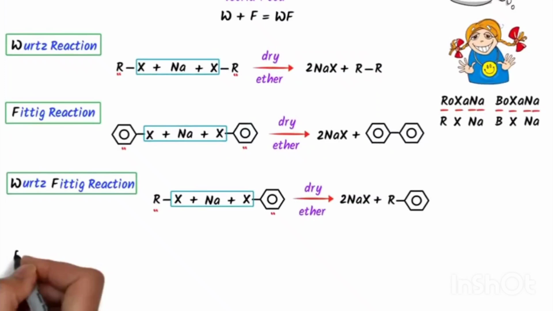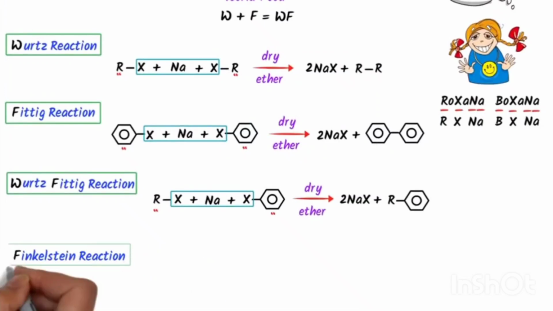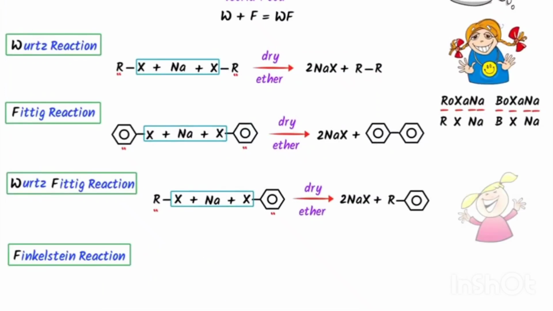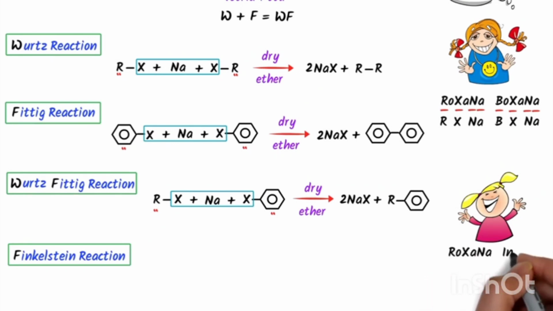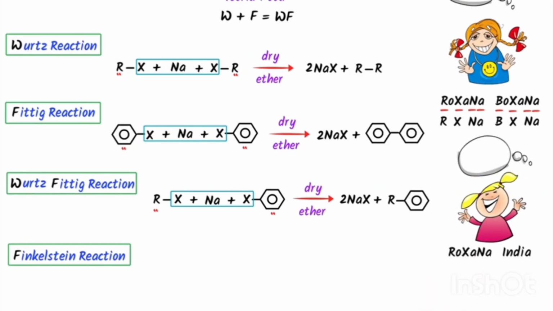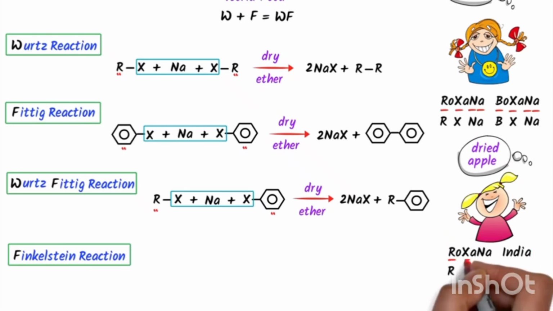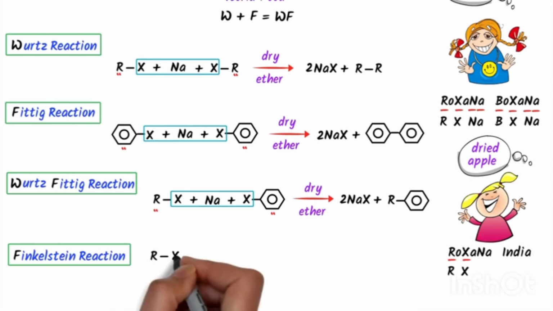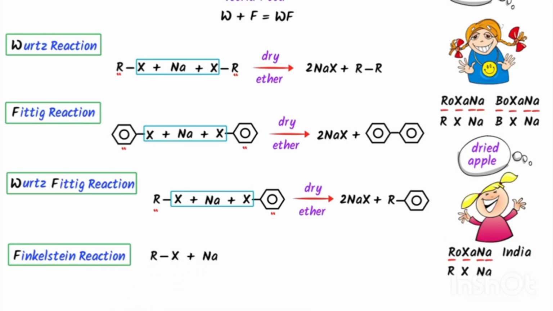Fourthly, this F also stands for Finkelstein reaction. Now let's consider the sister of Rukhsana Bukhsana. Let the name of her sister be Rukhsana India. She loves to eat dry apple. Remember that I again capitalize every second letter in Rukhsana India. Now as usual, I take R and X. Then I take sodium.